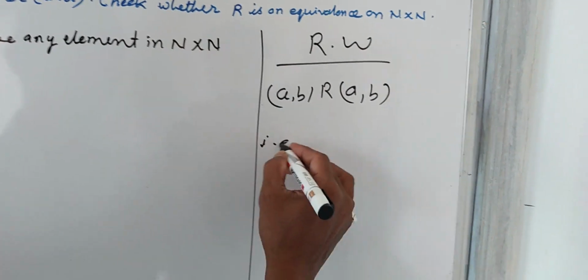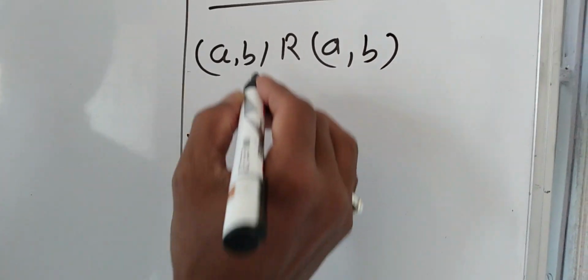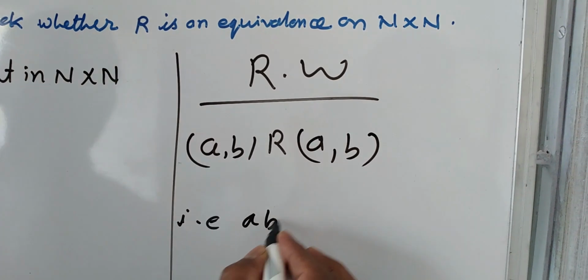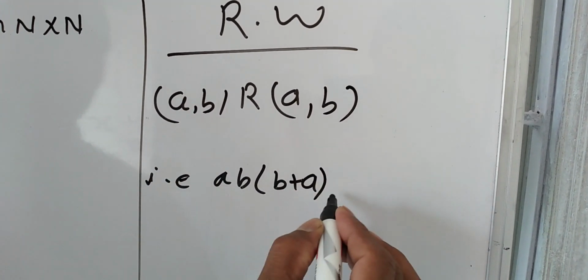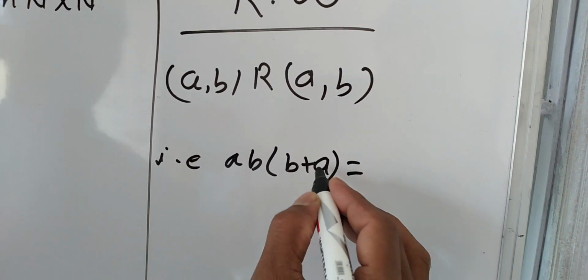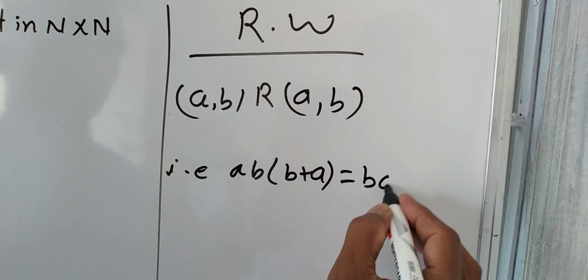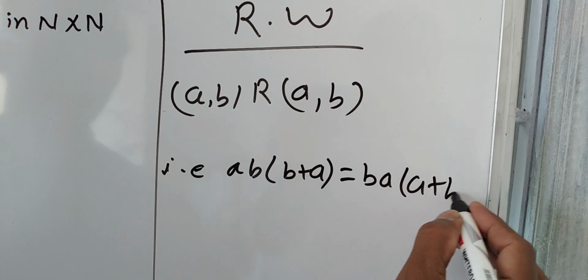That is, we have to prove ab(b + a) = ba(a + b).